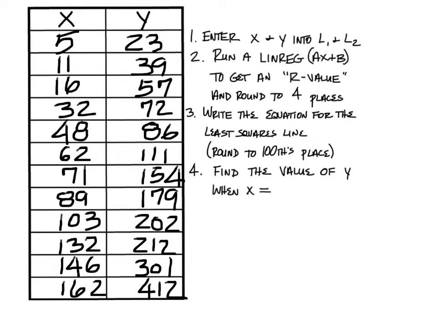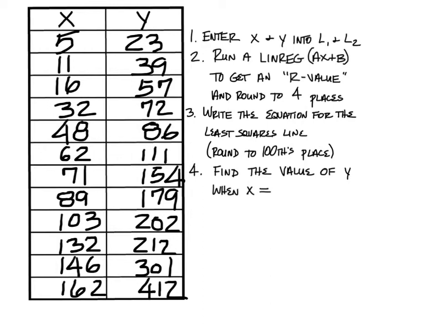You should have 12 items in each list. If you don't, you've missed one. And in L2 it's 23, 39, 57, 72, 86, 111, 154, 179, 202, 212, 301, 412.